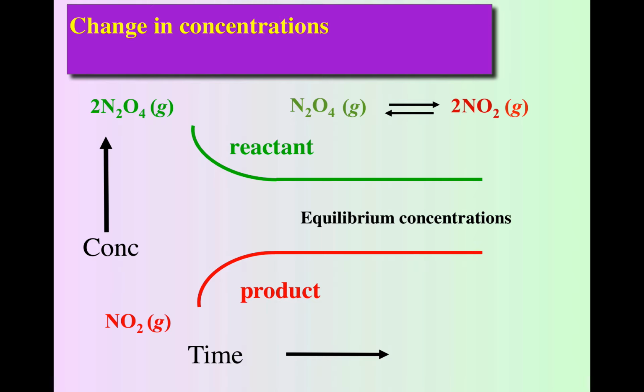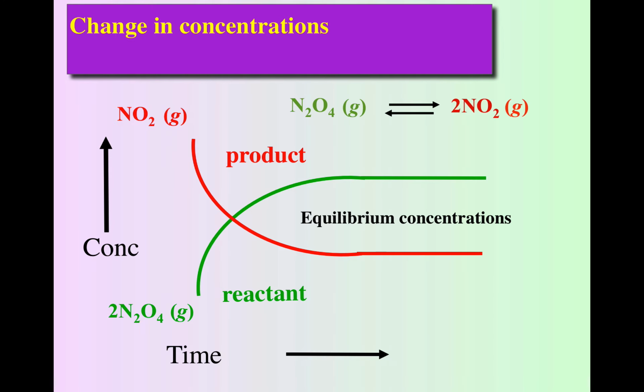So as the concentration of the reactants went down, the concentration of the products went up, and there came a point where the concentrations didn't change anymore. Those are equilibrium concentrations. Reaction stops. In this case, I started with only N2O4. Didn't lose very much N2O4, didn't make very much NO2 before the reaction stopped. With this system, I started with only products.